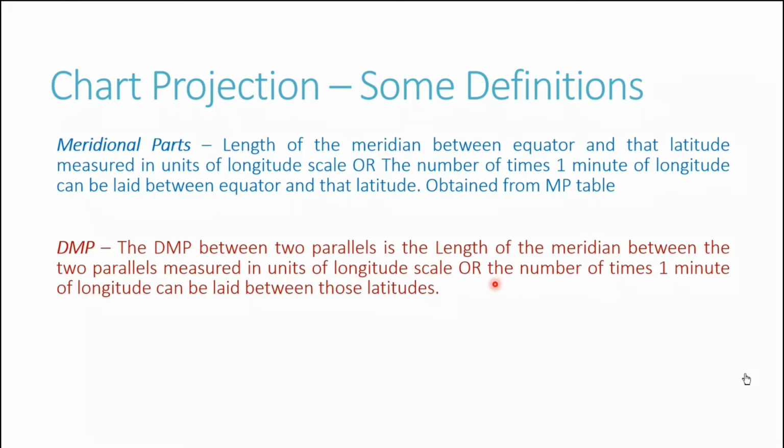Or you can have a different wording again, as we had in meridional parts. You can also explain it as the number of times 1 minute of longitude can be laid between those latitudes. This is known as the DMP, difference of meridional parts.